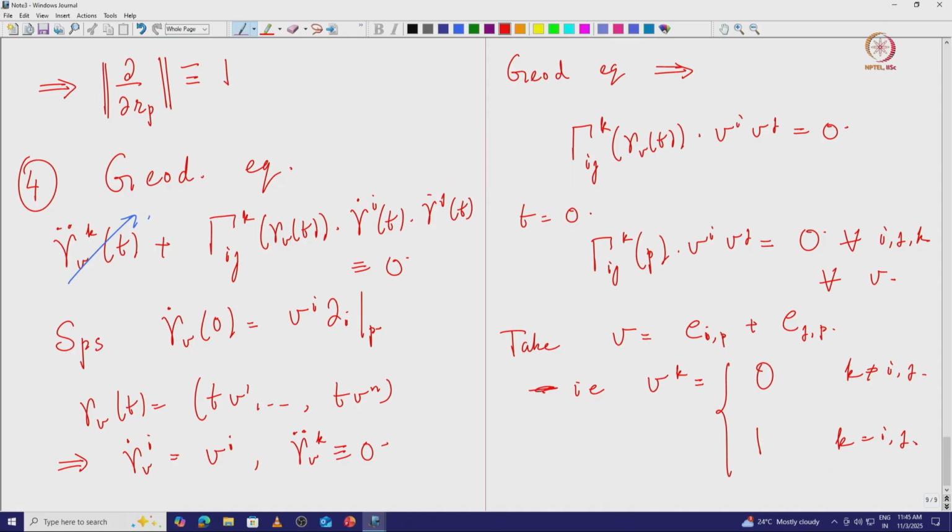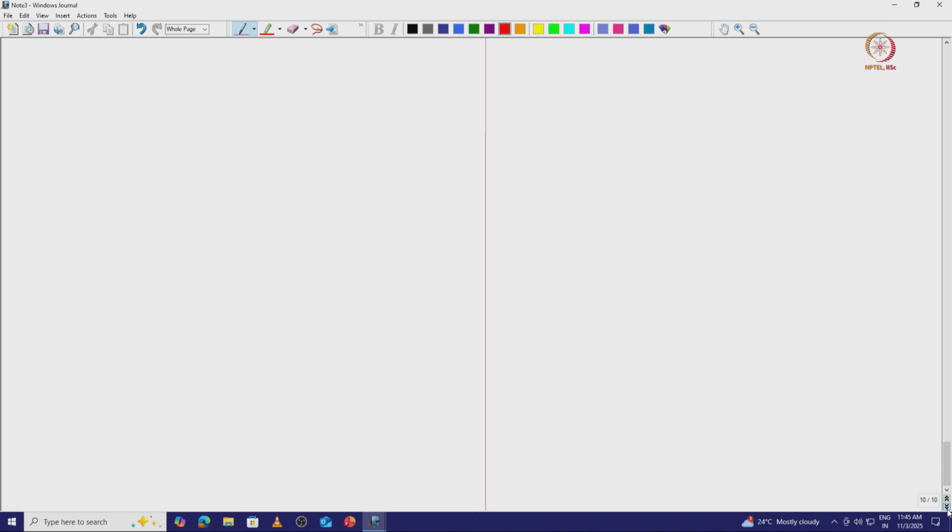Okay. So, take this as your initial velocity vector, then clearly the only non-zero term here will be when the indices match. So then this implies that gamma ijk at p is 0, and since this happens for all ijk, we get what we want.